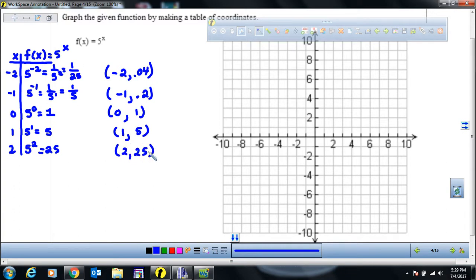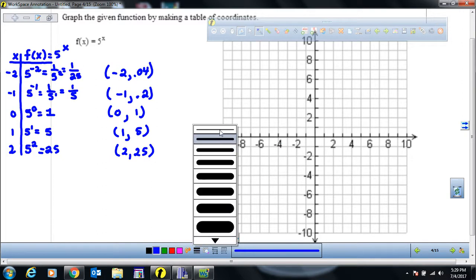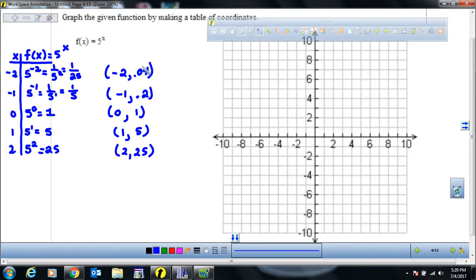So let's graph those points on the grid right here. -2, and keep in mind that this number 0.04 is almost 0, so it's going to be very close to the x-axis. So -2, 0.04 would be almost touching the x-axis.